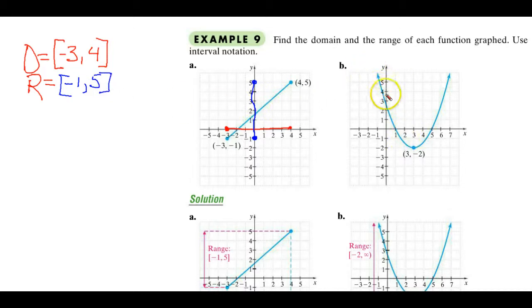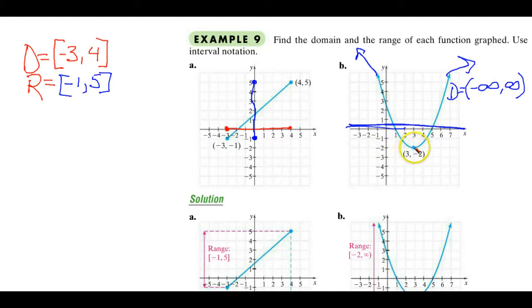Now for this parabola, our x values, and in a sense, since this is sort of swinging off here, I'm exaggerating it a little bit, will include all of our x values. So our domain here is from -infinity to positive infinity.